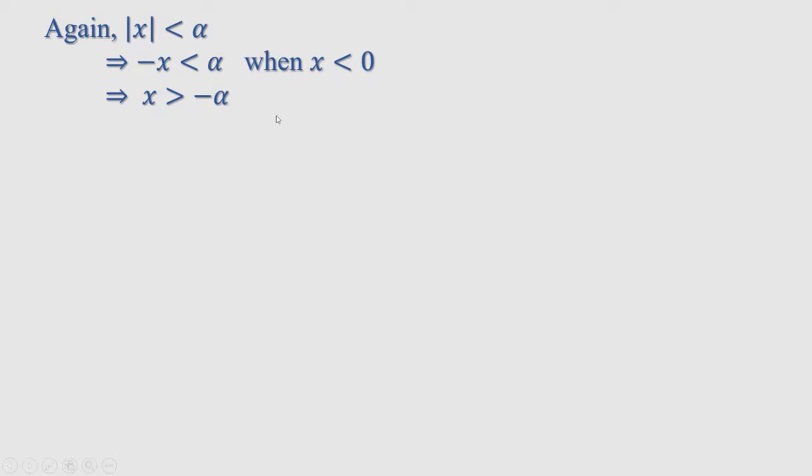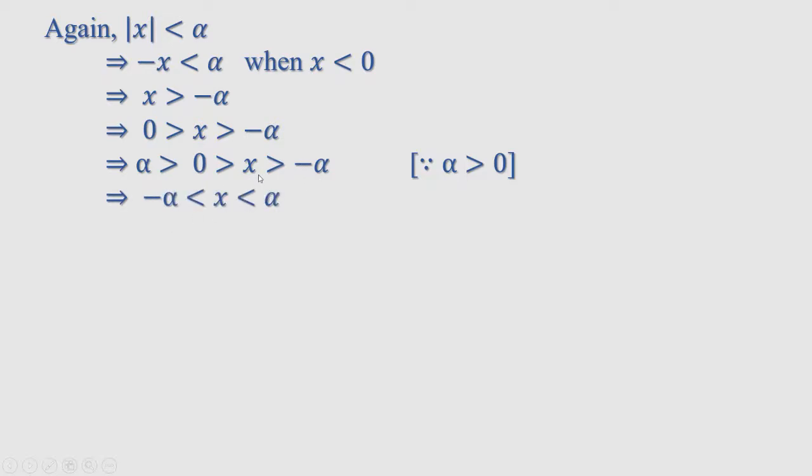Now x is negative, so x less than 0, and given that alpha is positive, alpha greater than 0, this implies minus alpha less than x less than alpha. So in both cases our proof is complete.